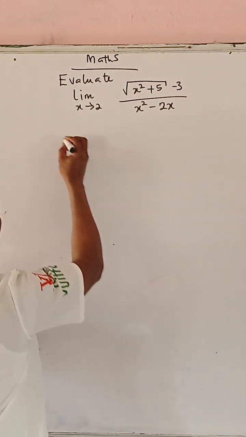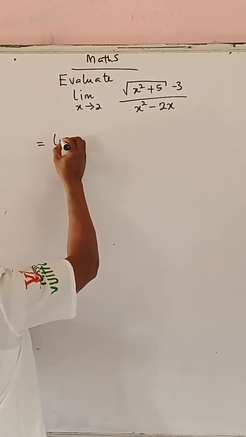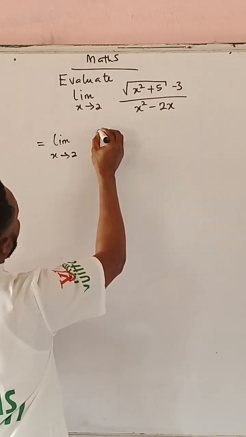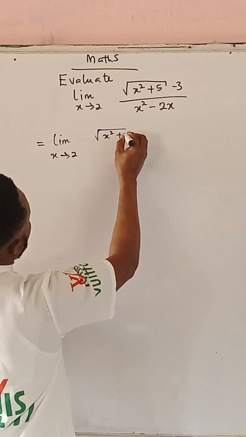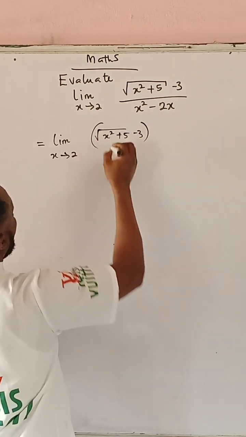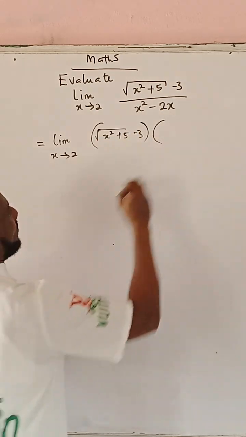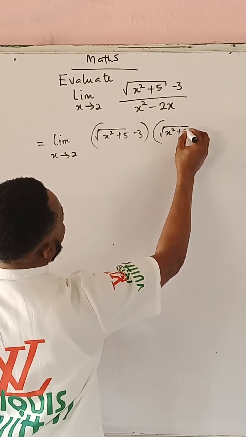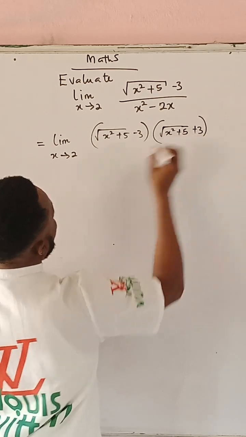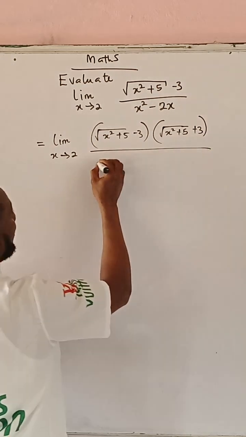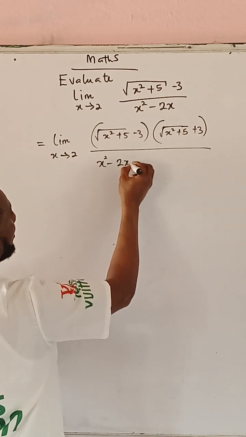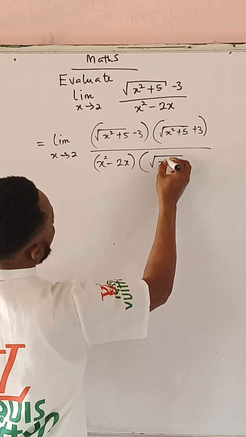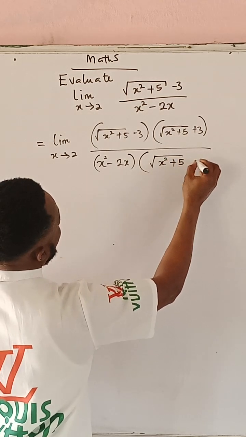So, it's going to give us the limit as x tends to 2, square root of x squared plus 5 minus 3, multiplied by the conjugate, the square root of x squared plus 5, then plus 3, upon x squared minus 2x, in parentheses, repeat the conjugate, square root of x squared plus 5, then plus 3.